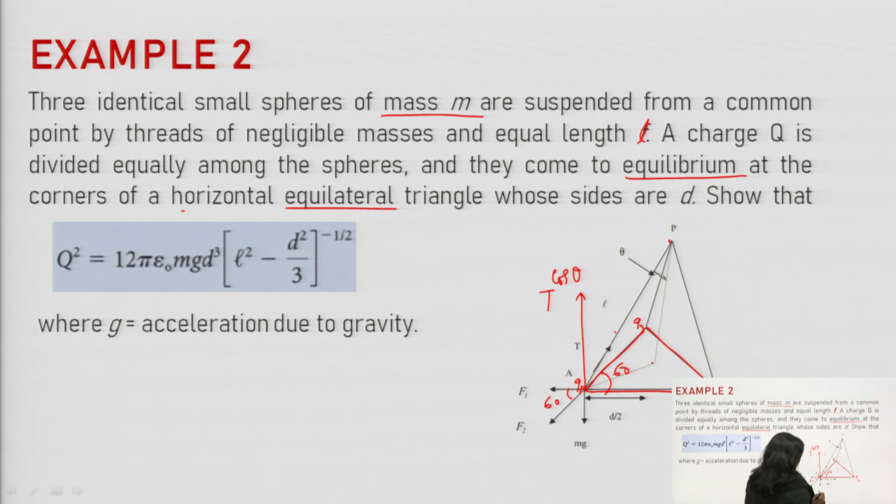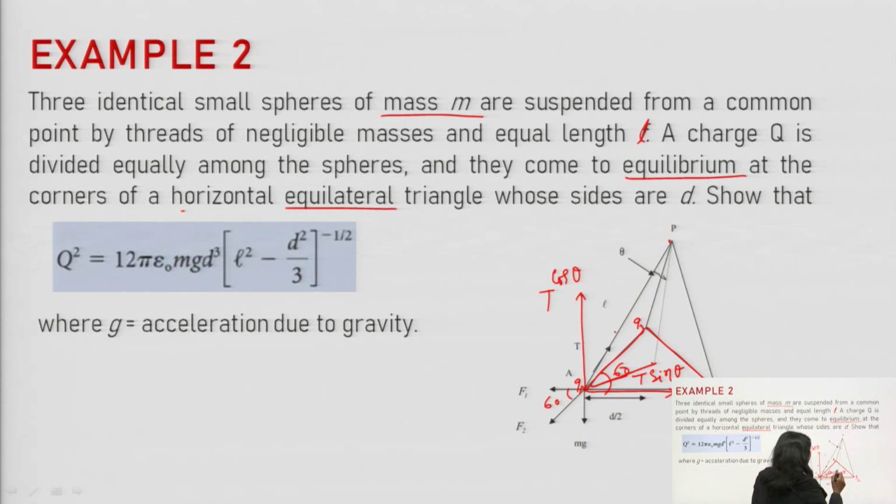Now mg will balance T cos theta. Further, the horizontal component will be T sin theta, in this direction. But to get the equilibrium, we need the component of T sin theta in this direction.